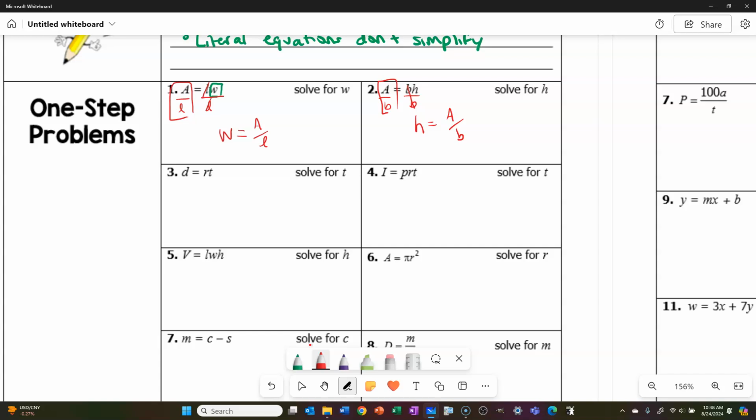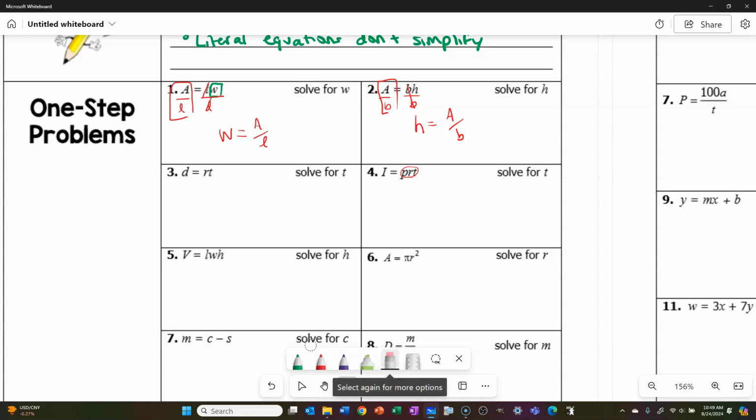Number 3 is the same. Let's look at number 4. We're going to solve for T. I equals PRT. That's the interest equals principal times the rate times the time. All 3 of these things are being multiplied together.